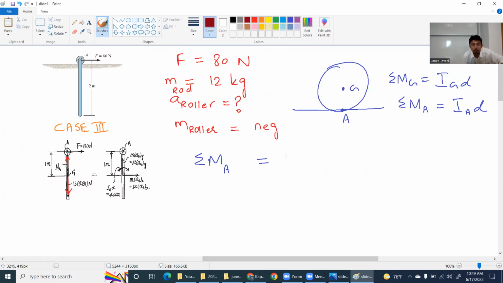I will have to put a zero, because I do not see any moment. Now, if, for example, I had applied a moment by my hand, then I would have put a capital M naught. But since there is no applied moment, zero.